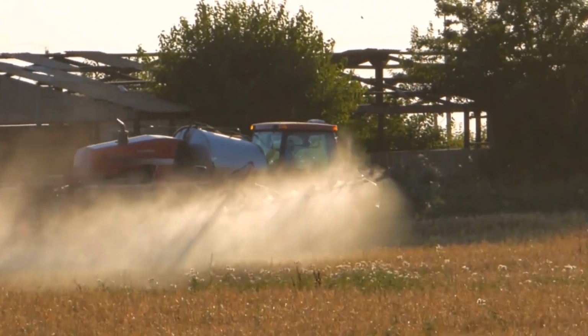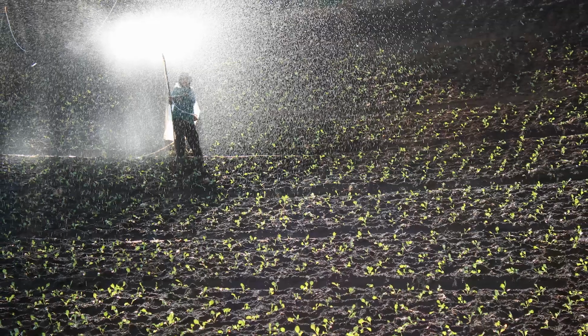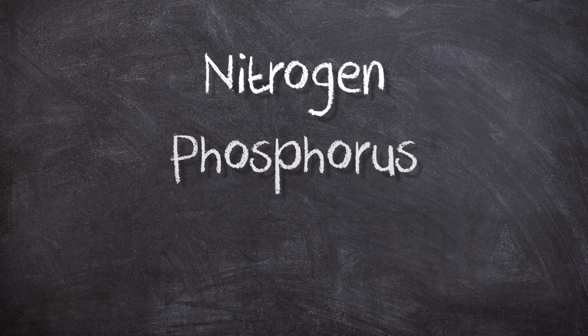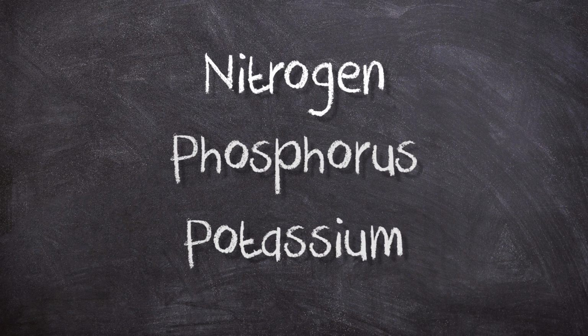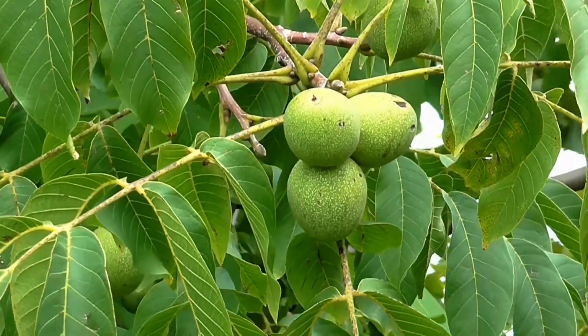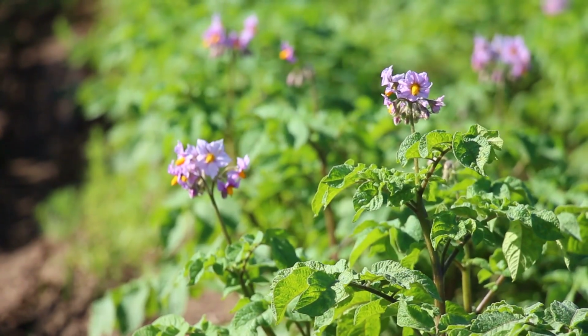While fertilizers are commercially produced plant nutrients, fertilizers supply nitrogen, phosphorus and potassium. They are used to ensure good vegetative growth, giving rise to healthy plants.